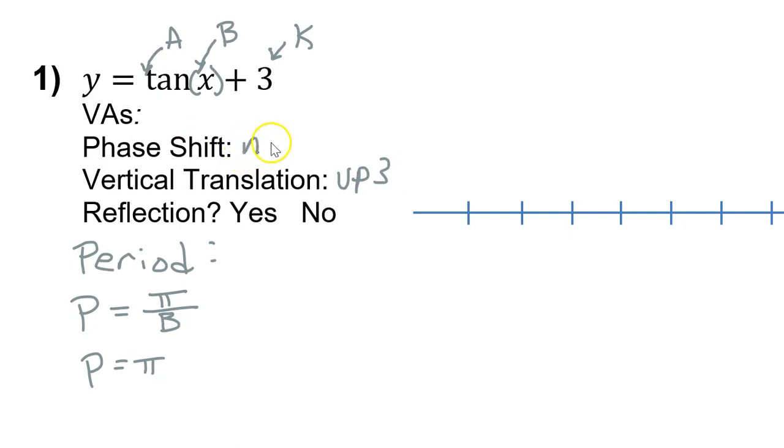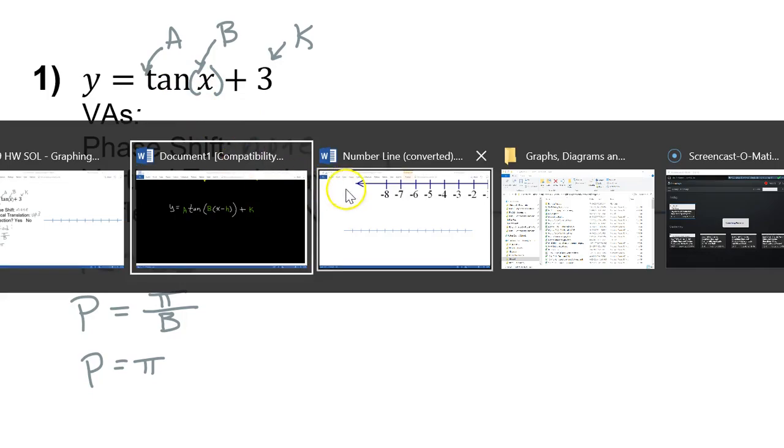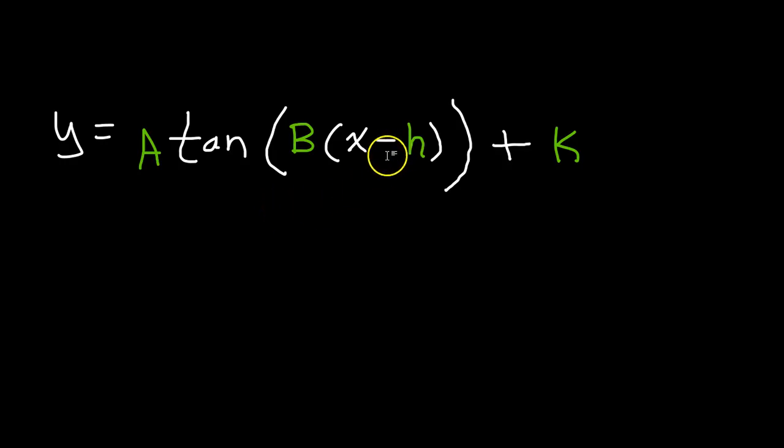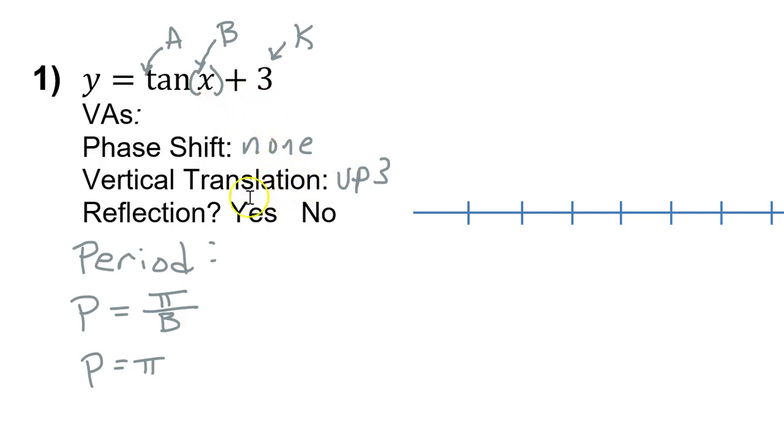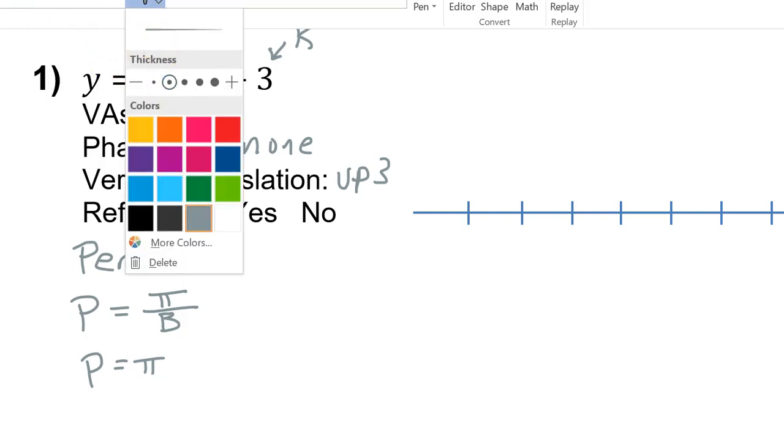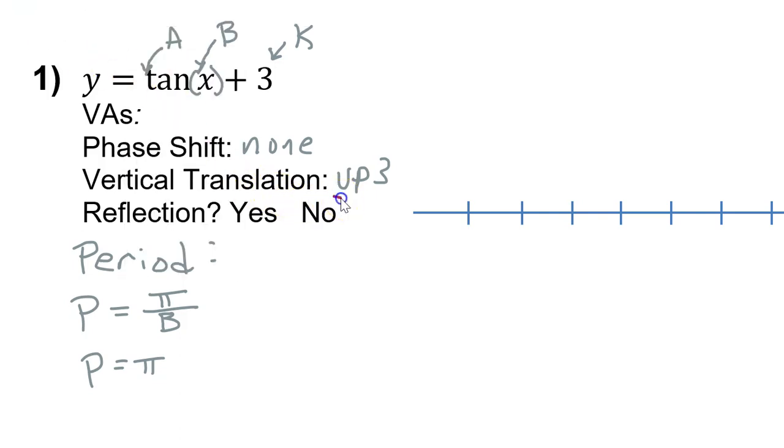There is no phase shift, none, because there's nothing inside of the parentheses like this. Reflection: there's no negative sign in the front or even on the inside, so there is no reflection. We can just go ahead and say none.